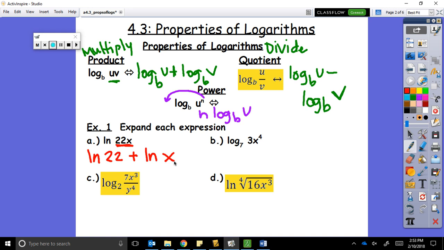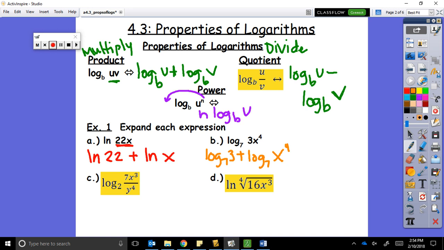Okay? Alright, let's talk about B, because B is interesting. You have to ask yourself, what's being raised to the 4 power? And in this case, it's only the x being raised to the 4 power. Okay? So we can't pull the 4 out first. We have to break apart the 3 and the x and then pull the 4 out. So it looks like this. Log base 7 of 3 plus log base 7 of x to the 4th.